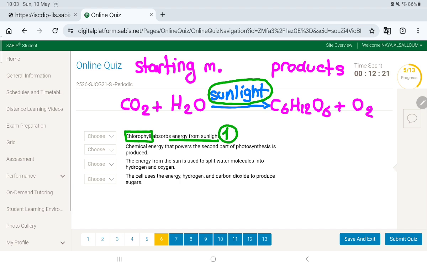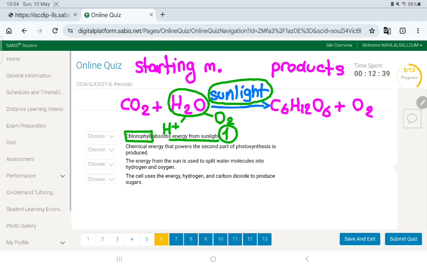Now, this sunlight energy, you see H2O? This is water. It will split into hydrogen ions and oxygen. Right?